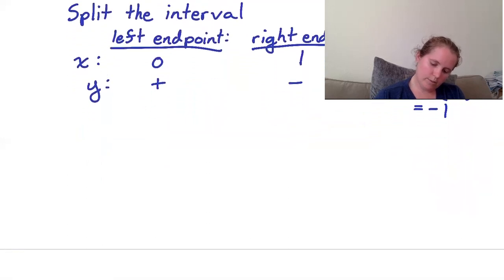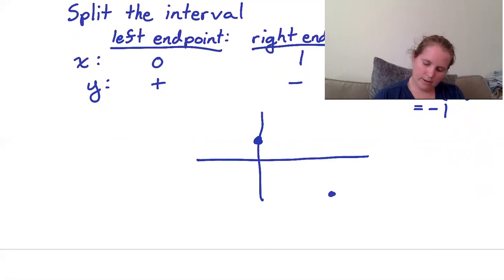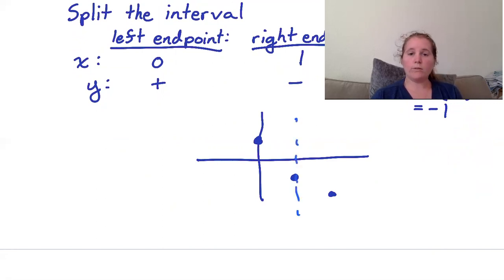So if we think of our picture, here we were positive, here we were negative, and in the middle we are also negative. So no matter what's happening between 0.5 and 1, we know because of continuity, it's somewhere between 0 and 0.5, we must switch, right? So we want the ones of opposite signs.